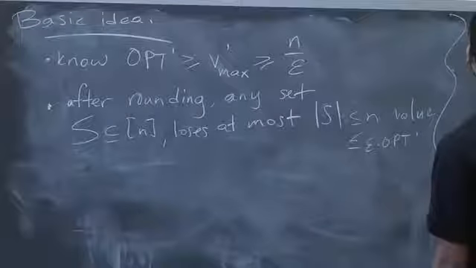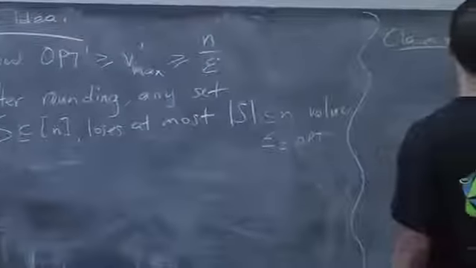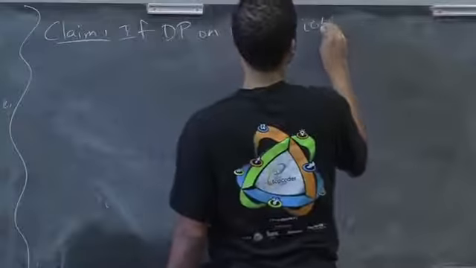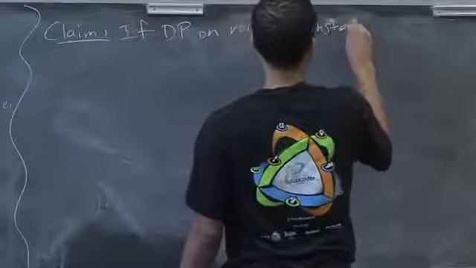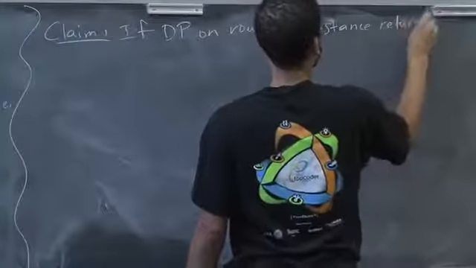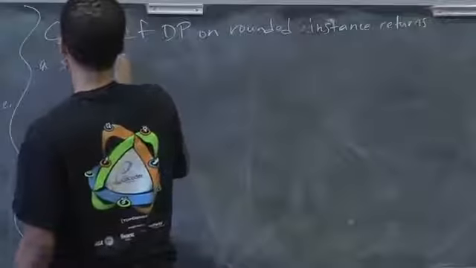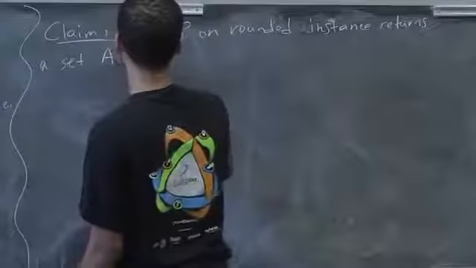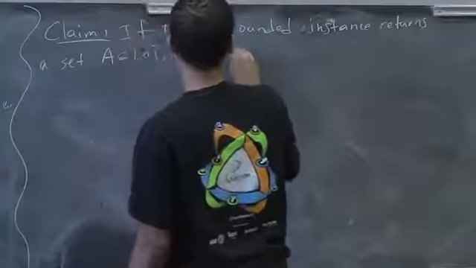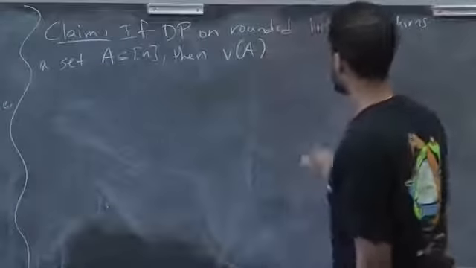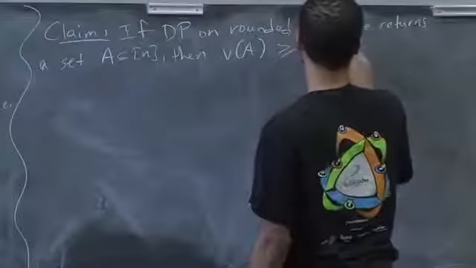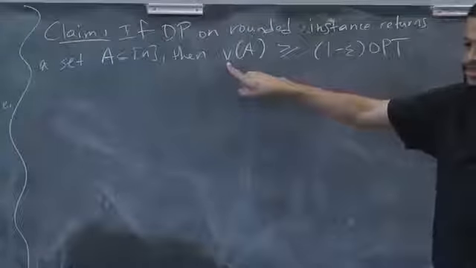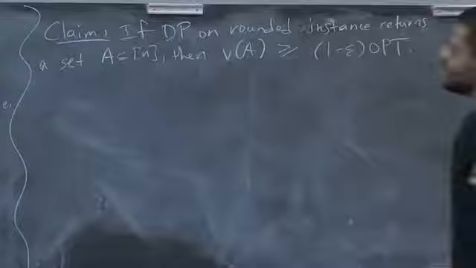Claim: if the DP on the rounded instance returns some set A, which is a subset of n, then the value of A is at least 1 minus epsilon times opt, if you take the original valuation and compare it to opt of the original problem. So, proof.